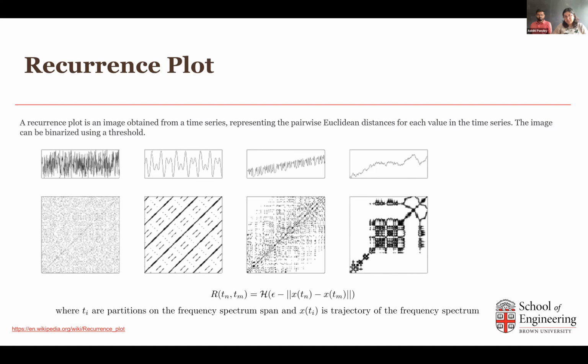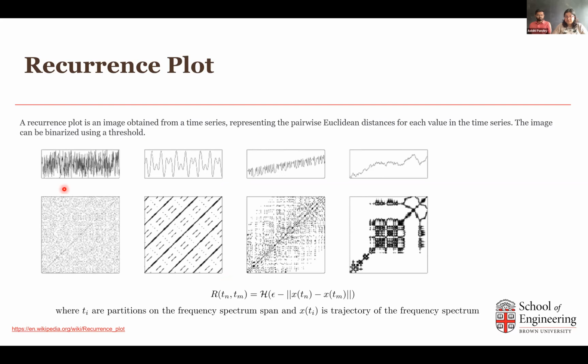Then the other pre-processing method that was discussed was a recurrence plot. A recurrence plot visualizes pairs of time points where a system revisits similar states in its phase space. Here, however, it is applied to the frequency spectrum.